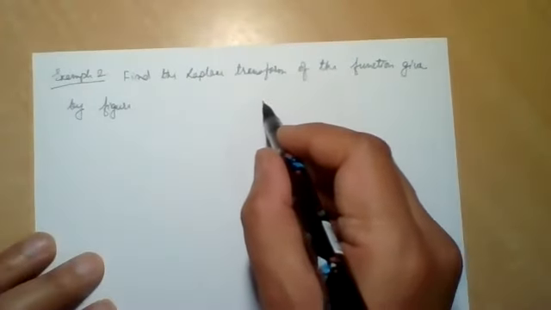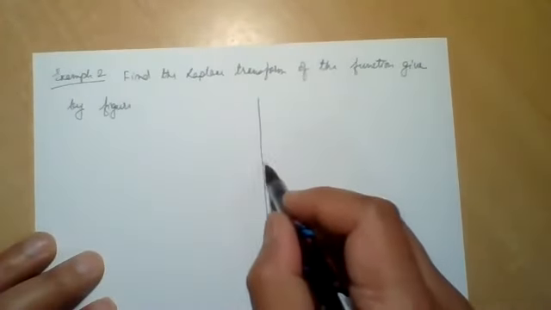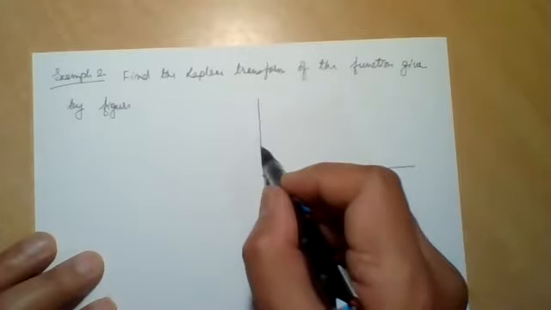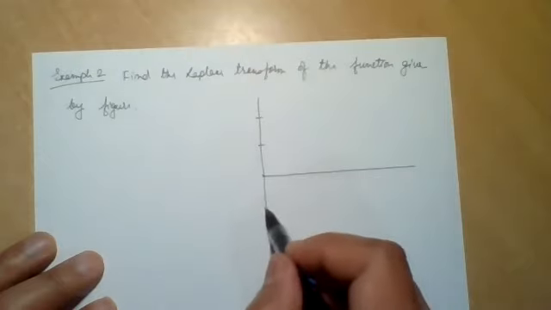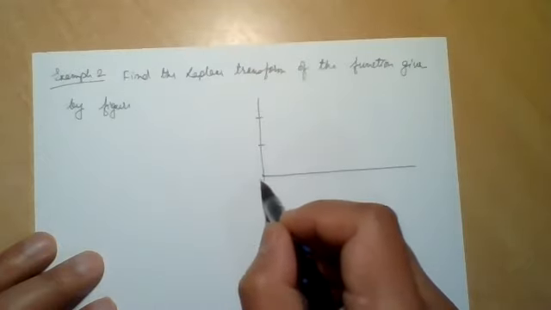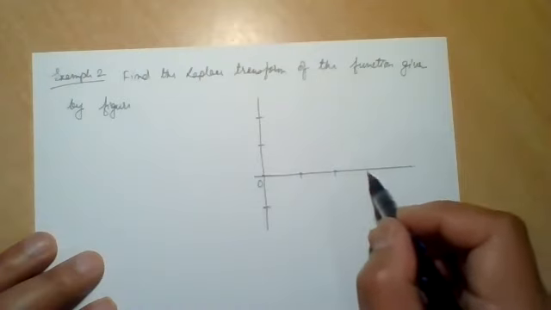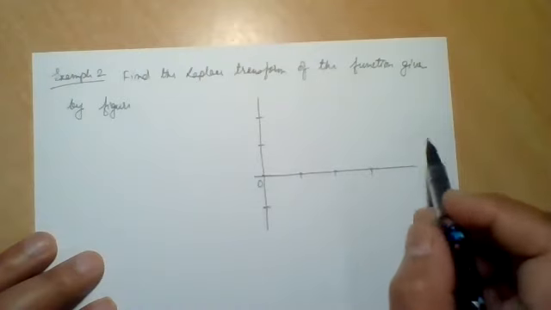So the figure is something like this. This is 1, this is 2, and this is minus 1, this is 0, this is 1, this is 2, this is 3.